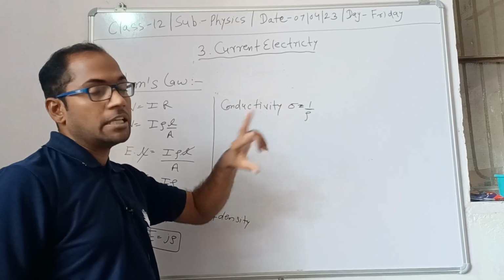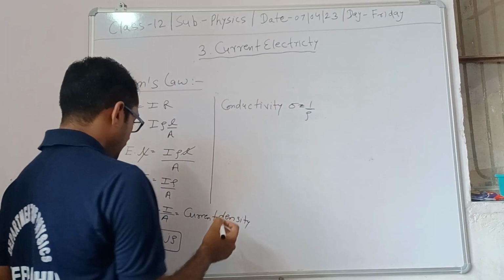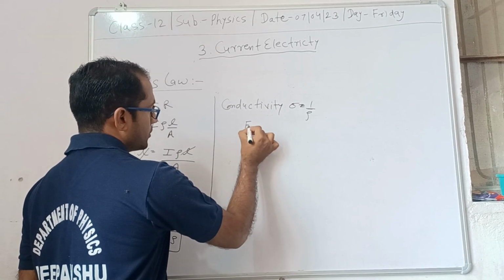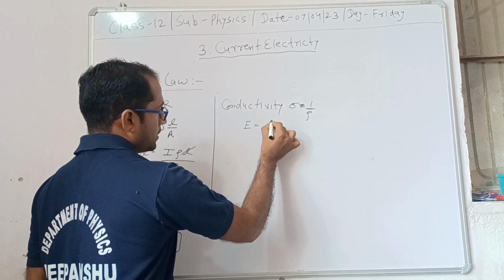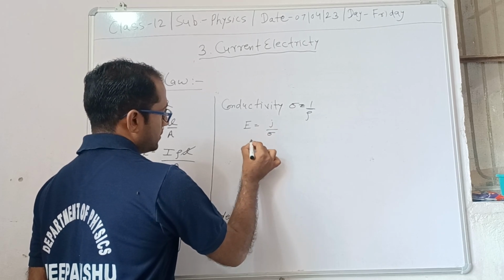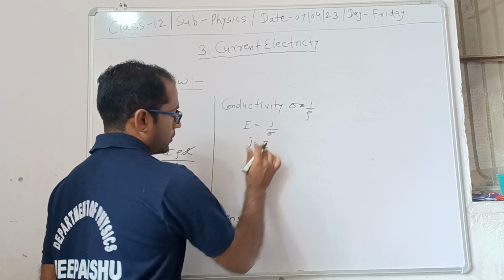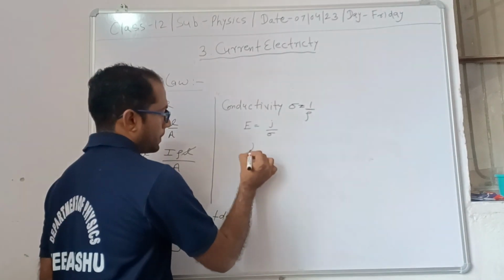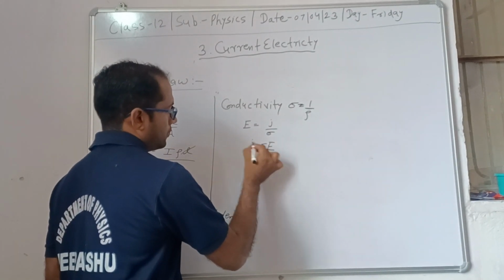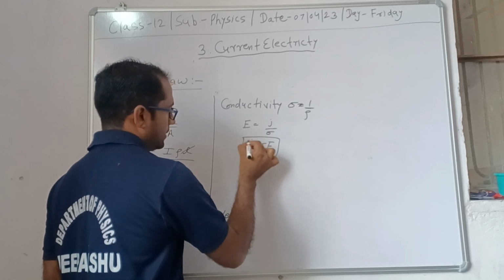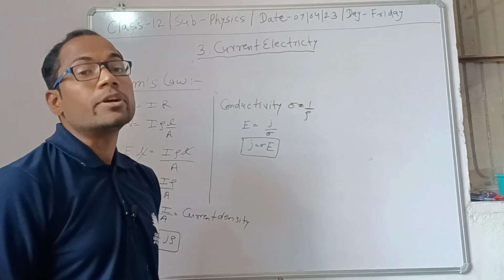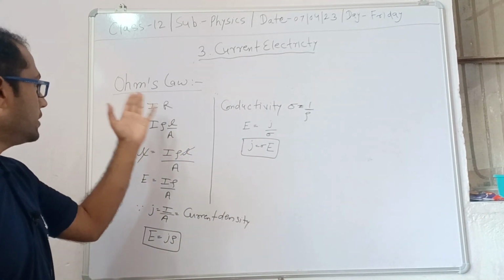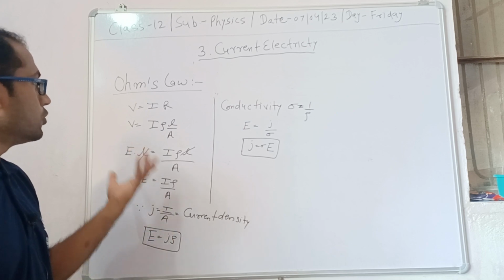If we put sigma here, we get E equals J by sigma, and J equals sigma E. This is another formula for the relation between conductivity, current density, and the electric field in a conductor. These are the formulas used in Ohm's law.